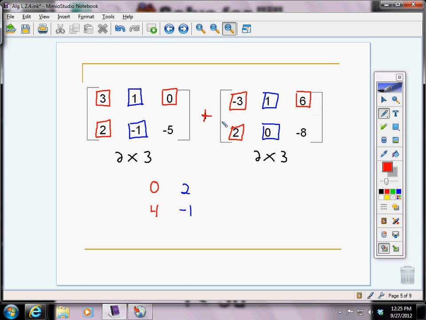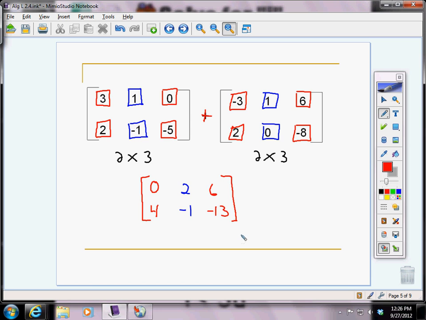In the same place on this matrix, we have a 6. 0 plus 6 is 6. And our last spot then, negative 5 and negative 8. Negative 5 plus negative 8 is a negative 13. So when we add those two matrices together, we end up with this answer.